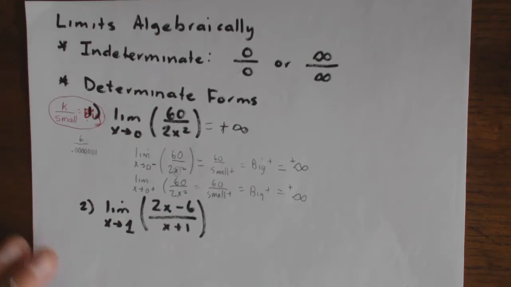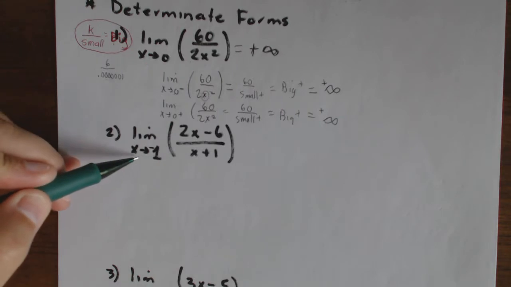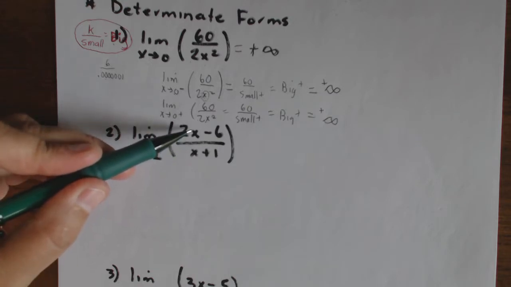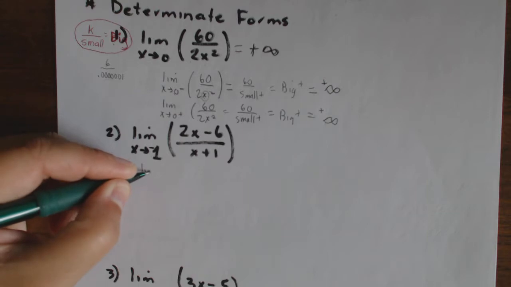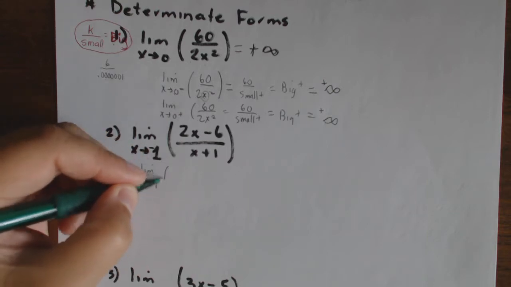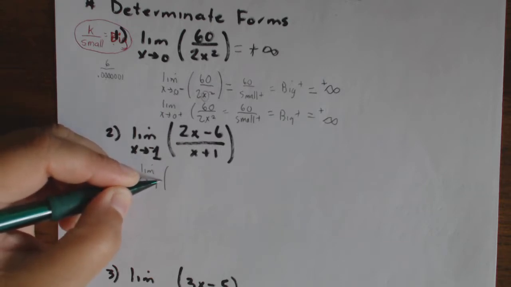Okay, so the second one, it's the limit of this function as x approaches negative 1. Negative 1 is not in this domain, and you can't plug negative 1 in. So again, what we'll do is look at the limit of the function as x approaches negative 1 from the left.